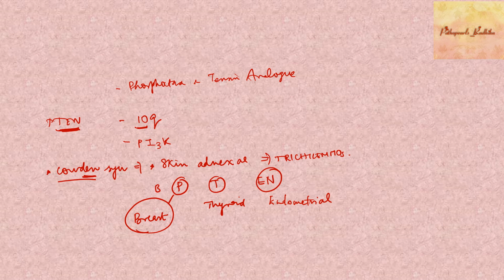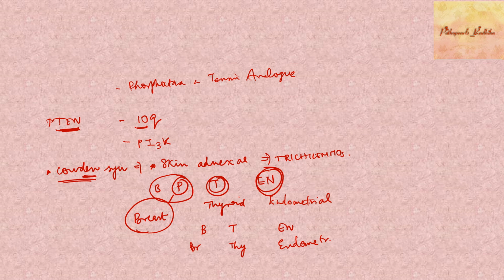Whenever you have a mutation, you can have Cowden syndrome, in which you can have multiple skin adnexal tumors like tricholemmomas. Then you can have breast tumors, thyroid tumors and endometrial carcinomas. So make this P as B: they can develop breast cancers, thyroid cancers and endometrial cancers.